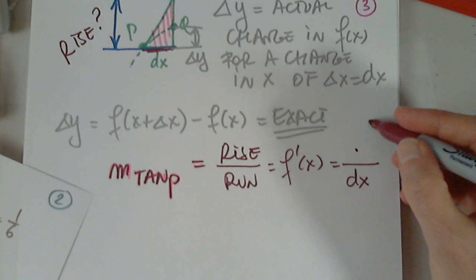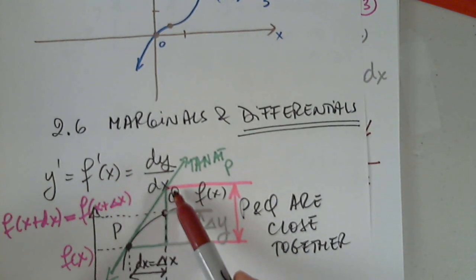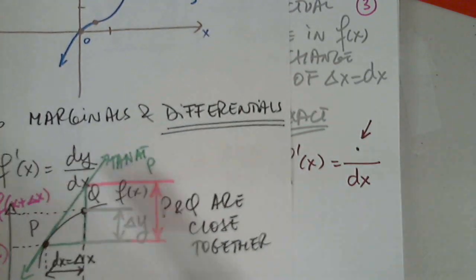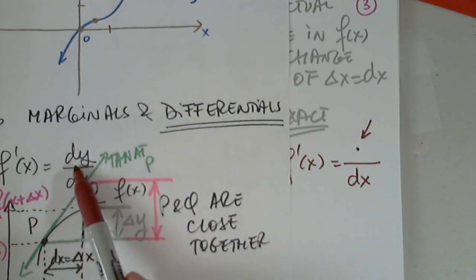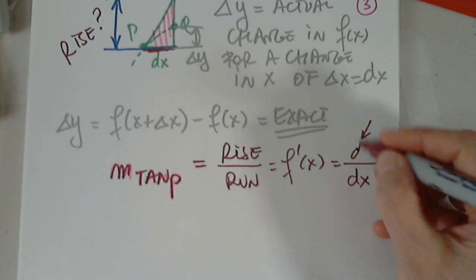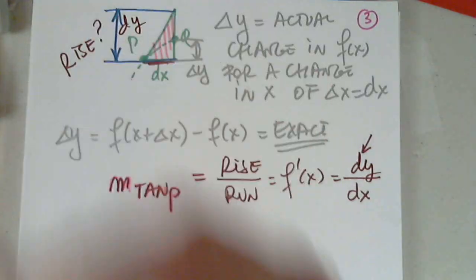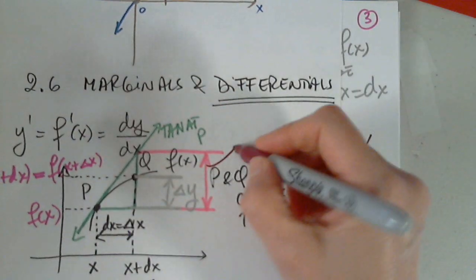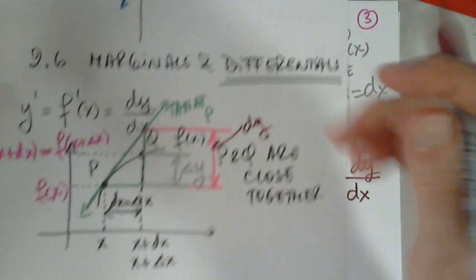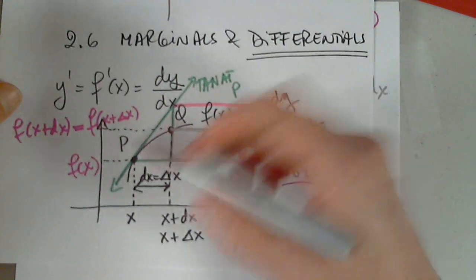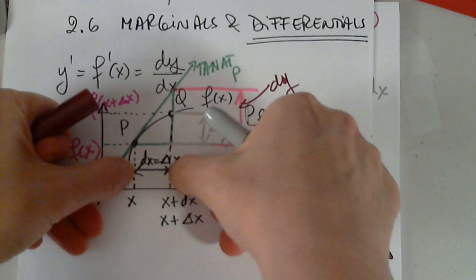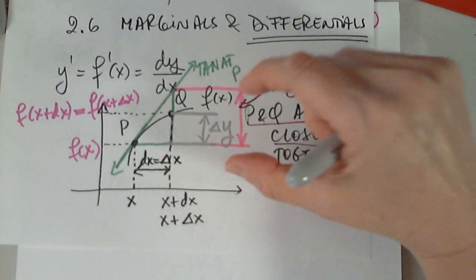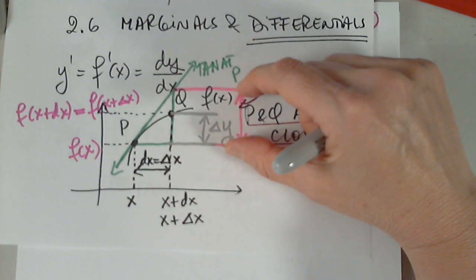This is why I started with this. I have f prime, I have the x. This must be what is called the differential of y. So this is indeed dy on the actual graph. Notice that since P and Q are so close together, we can freely conclude that the difference between these two is small.